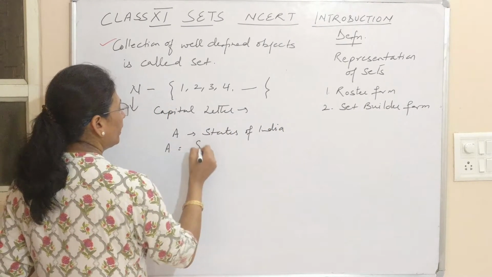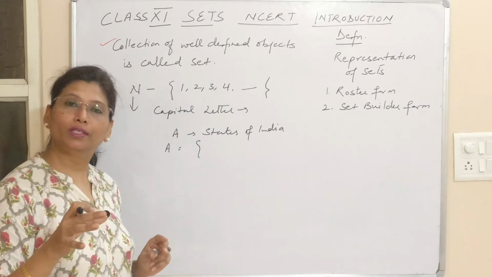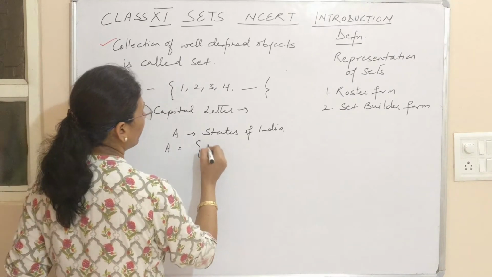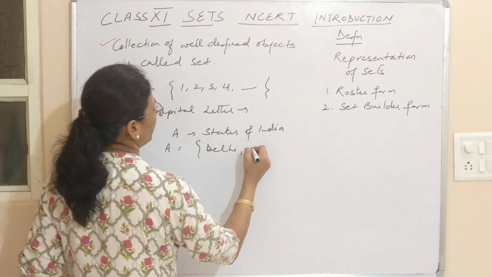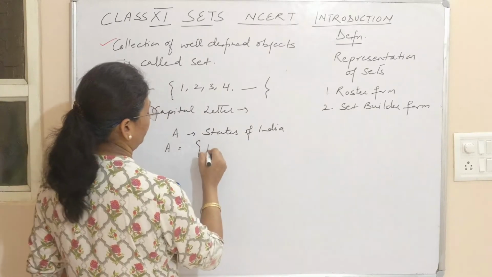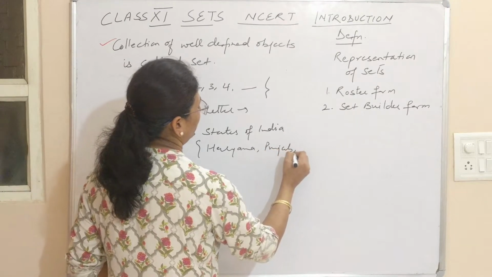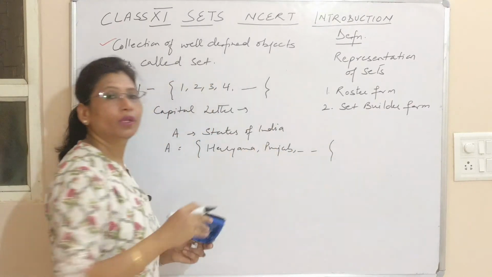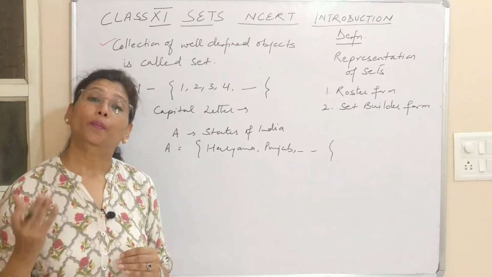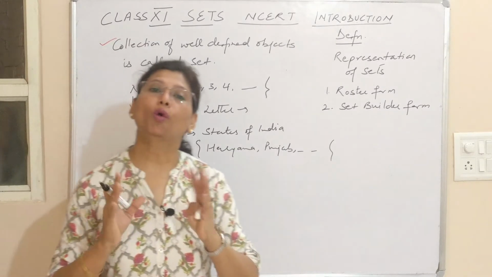When you write in brackets, the members of that particular set are represented by small letters. Let's say I'm writing the names, Haryana, Punjab, Chhattisgarh, and so on. The set itself is defined by a capital letter, but the members of the set, the elements in the set, are defined by small letters.